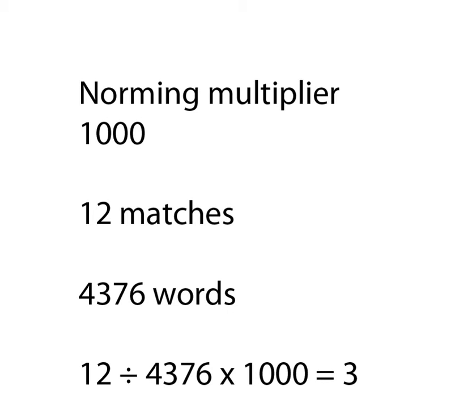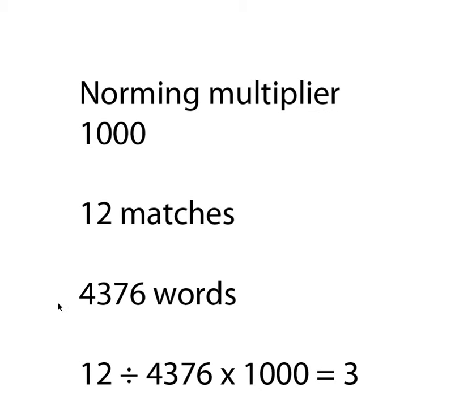Let's have a little review of how norming works. Let's say our norming multiplier was 1,000. Well, if I did a particular search and I came up with 12 matches in the corpus, but that particular match via that particular header or classification, there were 12 instances in 4,376 words.